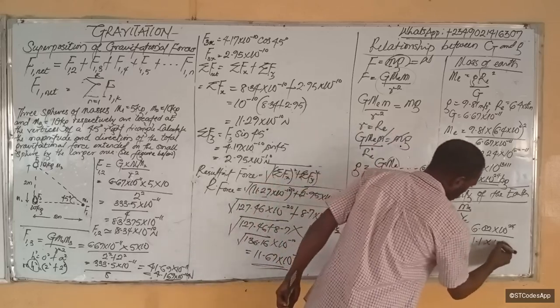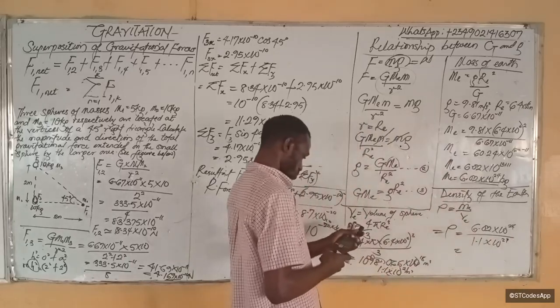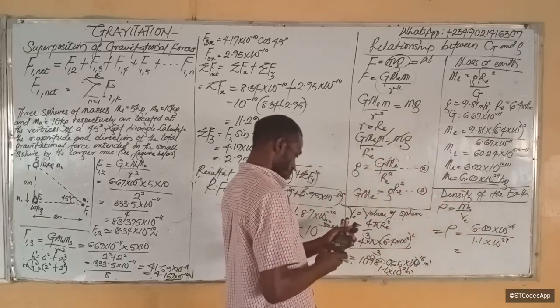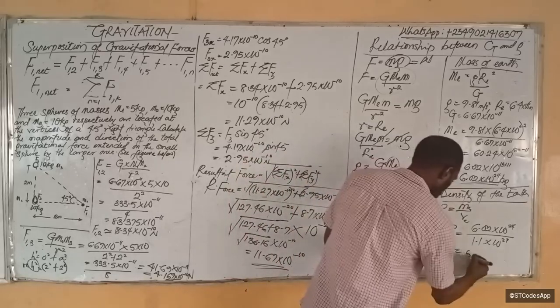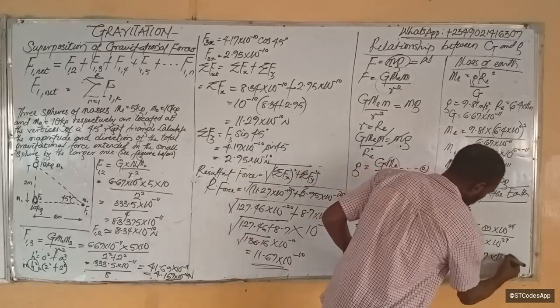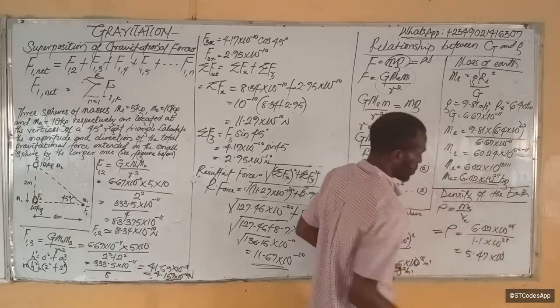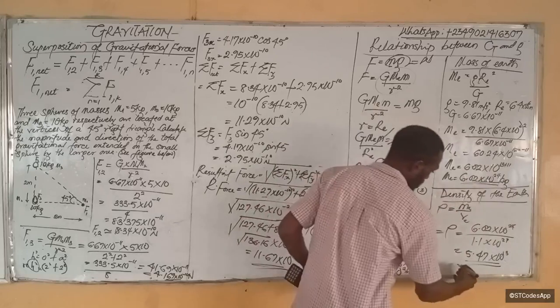So that becomes 6.02 divided by 1.1 is equal to 5.47 times 10 to the power 24 minus 21, that's 3. So this is approximately the density of the Earth.